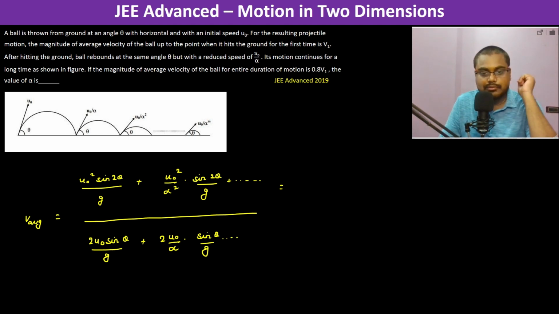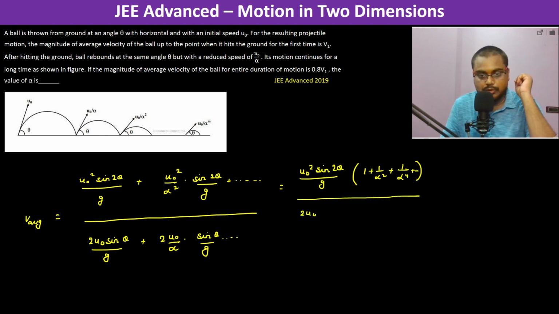So therefore what we do is u naught sine 2 theta by g, and that becomes 1 plus 1 by alpha square and so on. This is going to be 1 by alpha 4 and so on, divided by 2 u naught by g into sine theta into 1 plus 1 by alpha plus 1 by alpha square and so on.